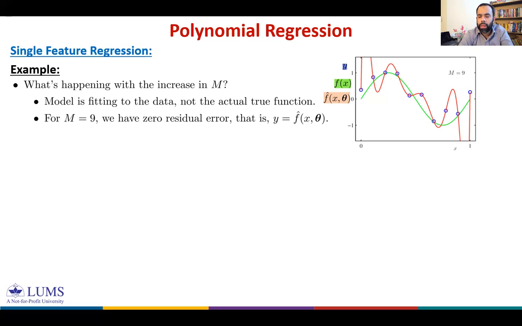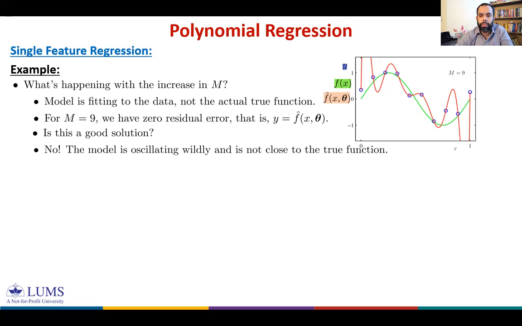But the question here is, is this a good solution for this problem? No. The model is oscillating very wildly and is not close to the true function. This is due to the overfitting.